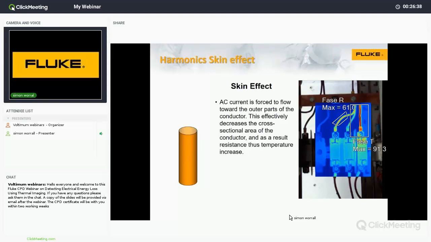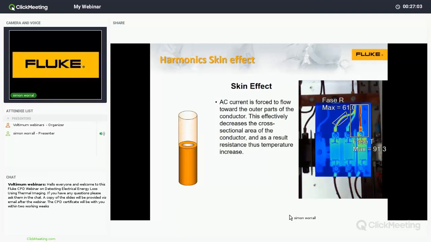But when we have harmonics present, what we have is higher frequencies present. We go up to many kilohertz when we're going up to the 50th and 51st harmonic. And what happens when you have higher frequencies, they don't flow down the full cross-sectional area of our copper conductors. They actually flow down the outer edges, as I'm going to show you in this short animation.